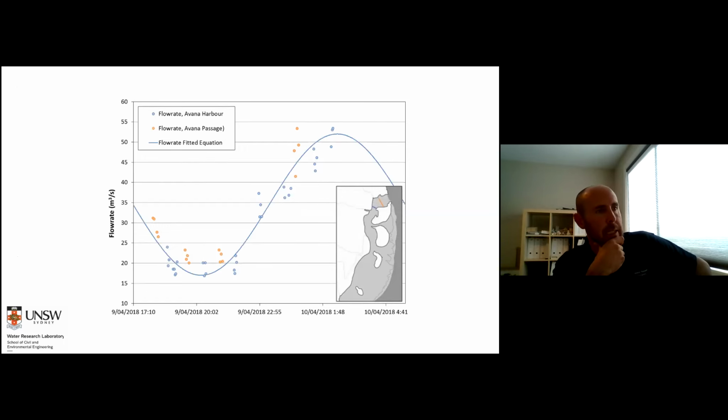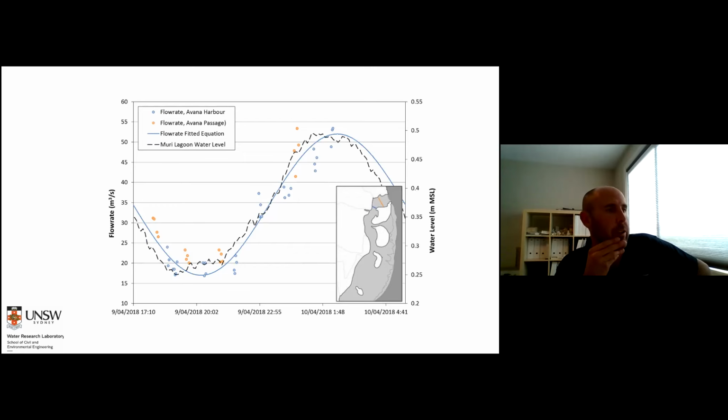These plots show the currents exiting the lagoon down at the northern end, going back to the ocean, with flow rates of up to around 50 cubic meters a second discharging from the lagoon back to the ocean, and that's at high tide. Again, the currents moving through the system are closely linked with water level in the lagoon in that tide cycle.